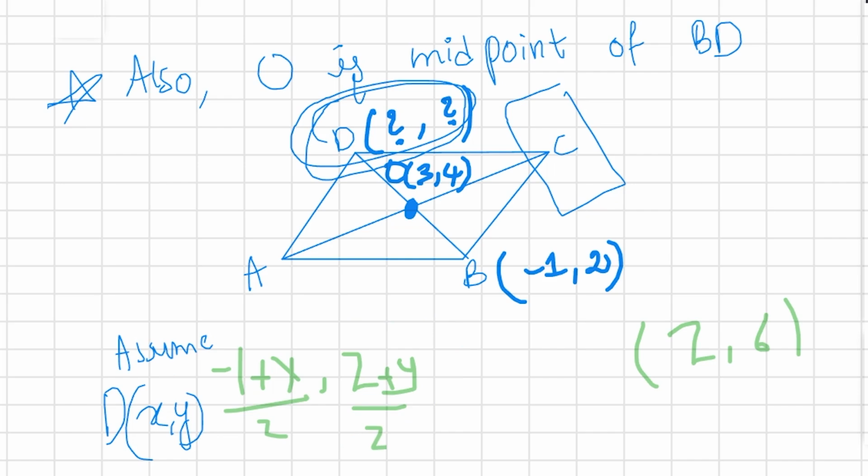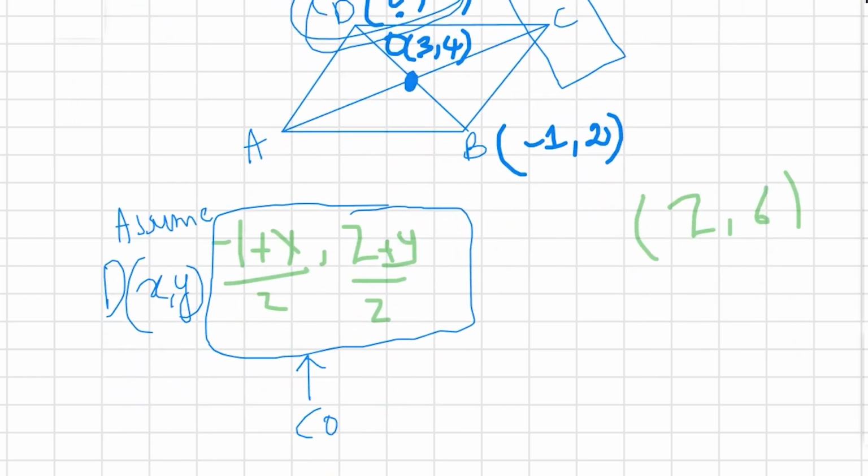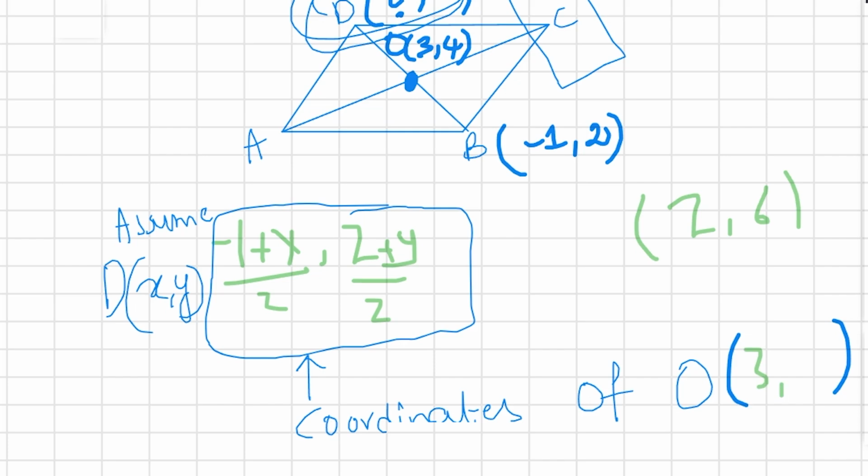Good. This should be the coordinates of which point? D. Coordinates of? O. Yeah, careful. This is the coordinates of O. But did we get the coordinates of O? Coordinates of O was 3, 4.